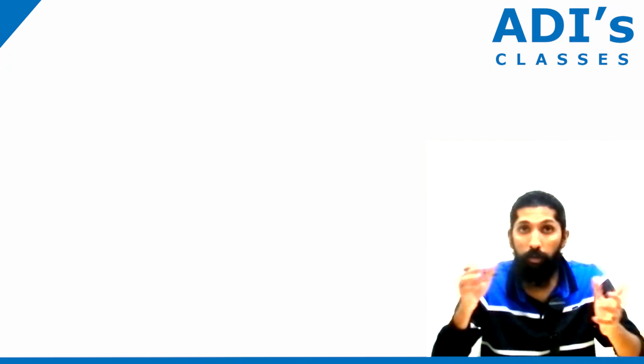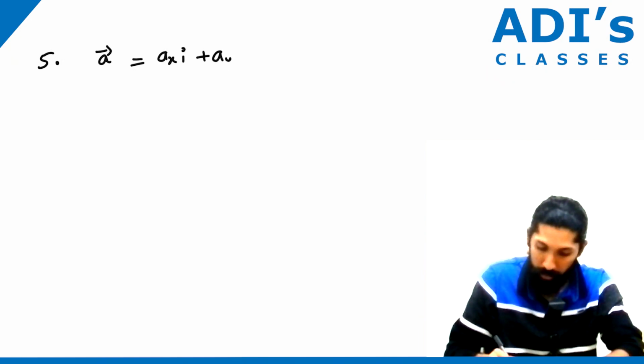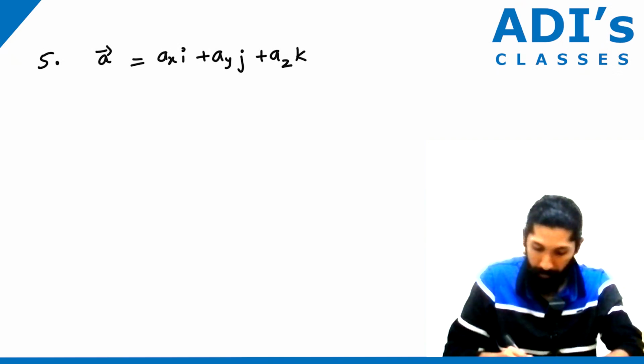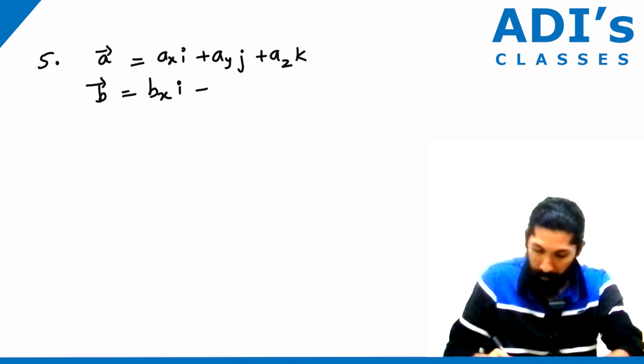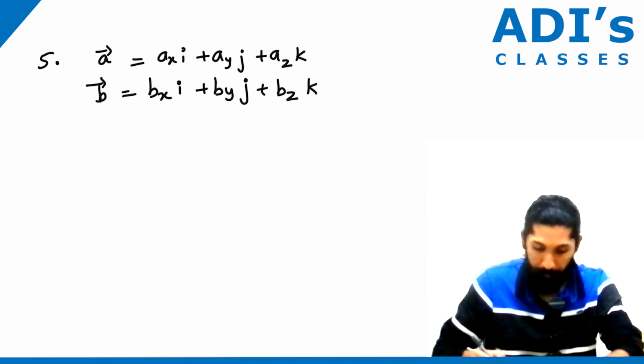Suppose say you have a vector and you resolve it into components. How exactly the product is going to become? See here, the fifth one. Suppose say vector A is Ax i cap, Ay j cap, Az k cap, and vector B is Bx i cap, By j cap, Bz k cap.